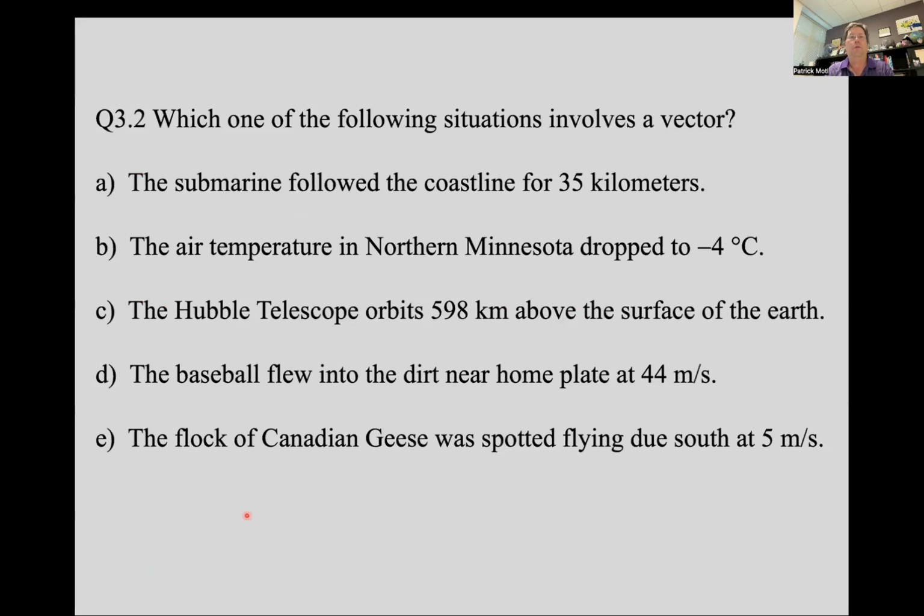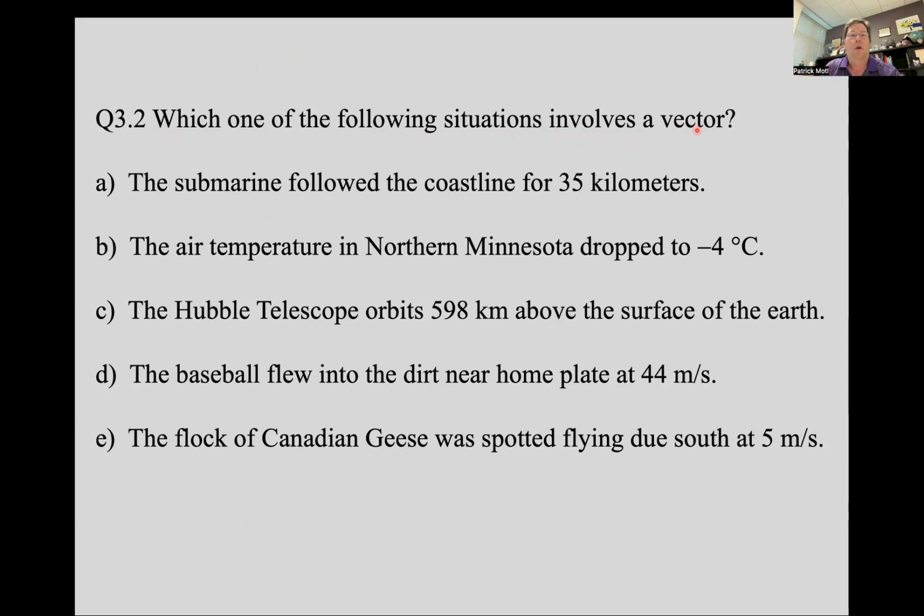All right, a question for you guys. Read through these 5 scenarios, and which of those scenarios involves a vector, the thing that's being described. You have a tingling in the back of your head, your vector spidey sense goes off, and that is a vector.